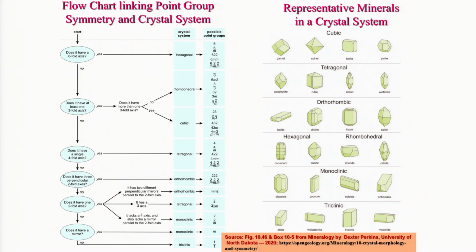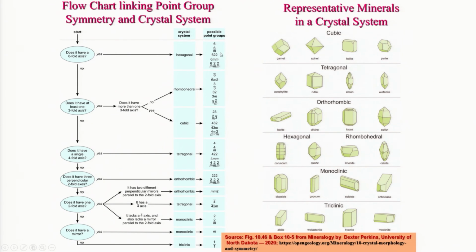Now, let us consider the basic criteria that we have developed in some more detail. So, let us have this flow chart here. I apologize, the lettering is very small, but nevertheless, let us consider: does it have a 6-fold axis? If yes, then you have a hexagonal crystal system here, and under this hexagonal crystal system these point groups can be linked here.